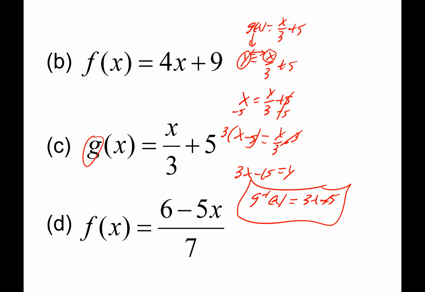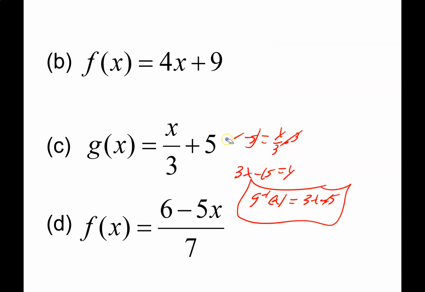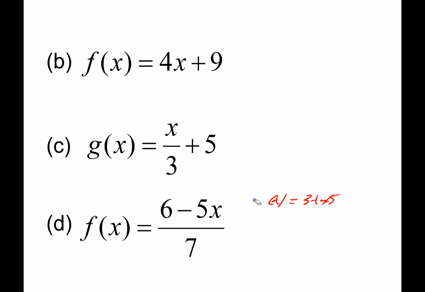Okay, we'll do one more last one here, d. Then we'll start to get into the creepy ones, because it's not always this easy. The ones we've been doing so far are kind of easier because they're linear. A line is a 1-to-1 function. It passes the horizontal line test.